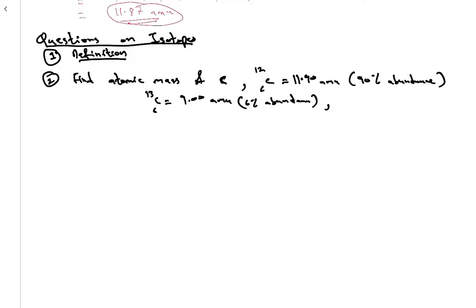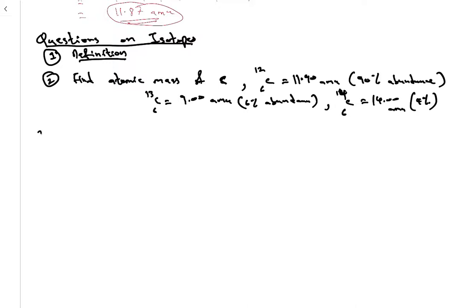And another isotope, 14C6, having a weight of, say, 14 AMU and an abundance of 4%. And then you just do the weighted average to get the atomic mass. So that's the second type of question.